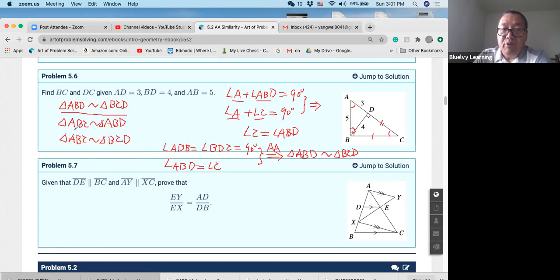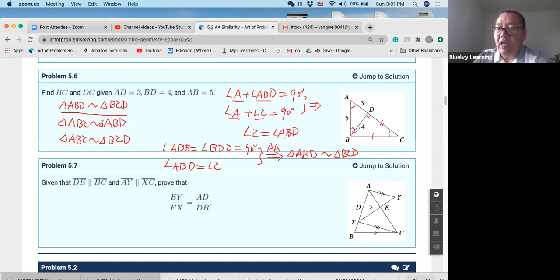Now let's see, we can also prove triangle ABC, this big right triangle, similar with ABD. That's even easier because these two triangles are already right triangles, right? That means they already have one pair of angles equal to 90 degrees.